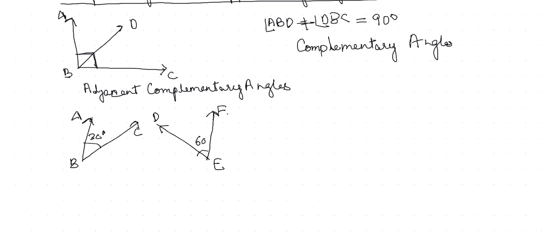So angle ABC plus angle DEF is equal to 90 degrees. These are non-adjacent complementary angles.